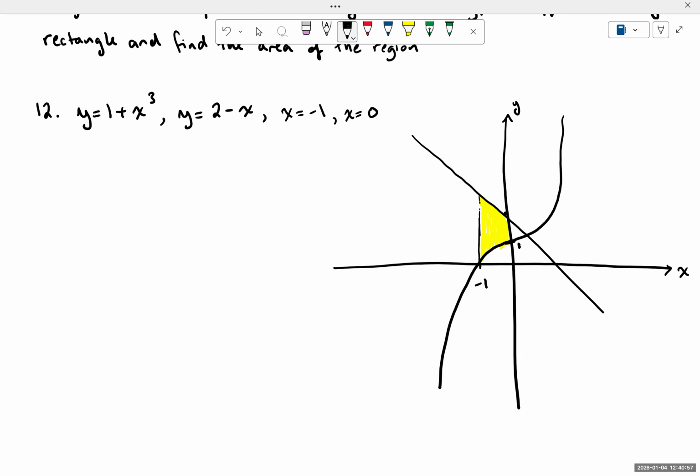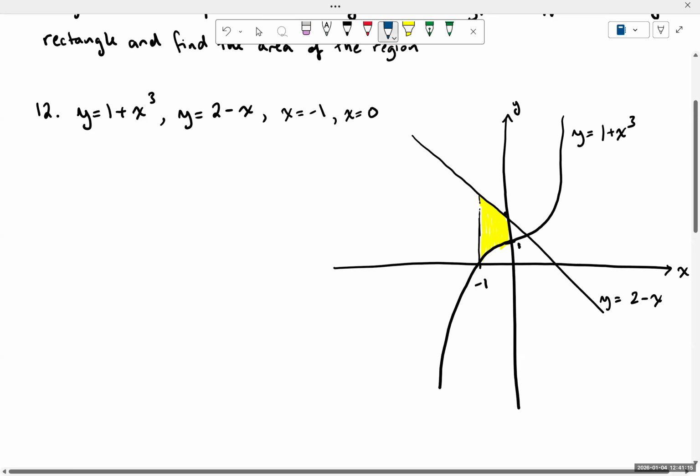This first curve was y equals 1 plus x cubed, and this second curve was y equals 2 minus x. Now, to find the area of this region, I want a rectangle between these two curves, and it's going to look like this.